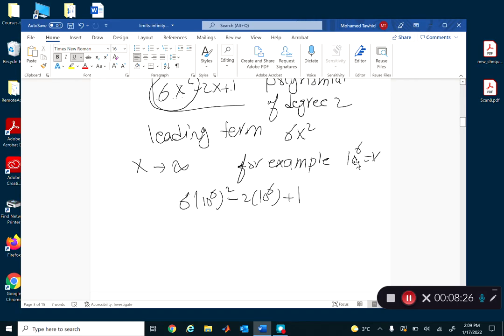So if you look at the first term, that is called the leading term. It will be 6 times 10 to the power 12. How many zeros? Here you have 12 zeros, and here minus 2 million, plus 1. Plus 1 is nothing there.